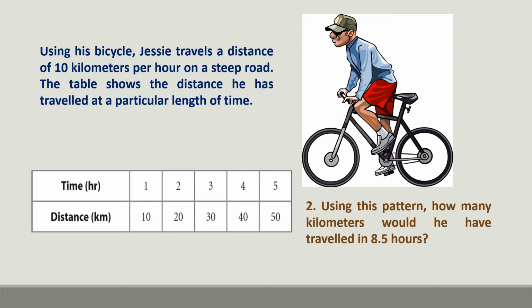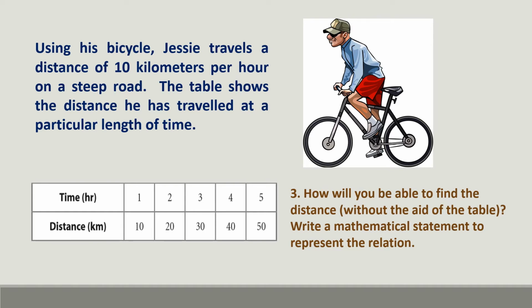And using this pattern, I'd like you to calculate how many kilometers would Jesse have traveled in 8.5 hours. So basically, we just have to multiply the 8.5 with 10, since 10 kilometers is good for 1 hour. And that will lead us to a conclusion that for 8.5 hours, Jesse have traveled 85 kilometers.